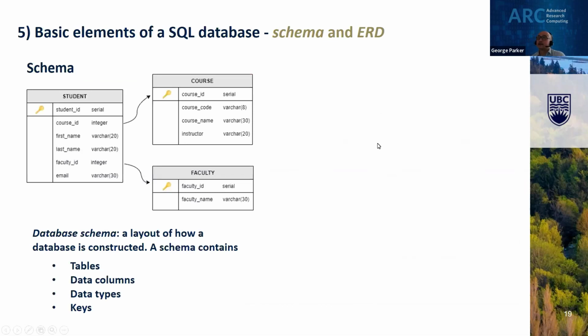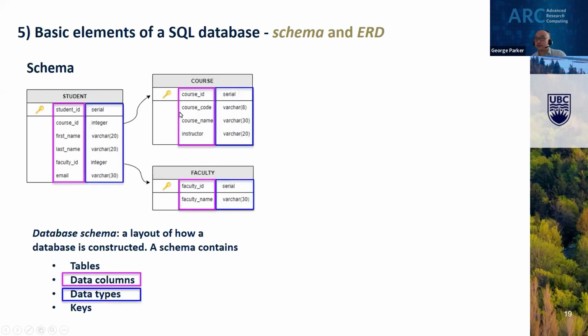Schema. Schema is a very, very important concept of a SQL database. What is a schema? Schema is a layout or representation of how your database is constructed. So a schema must contain some elements. In this example, this schema has 3 tables, and it has some data columns or data fields within each of the tables.